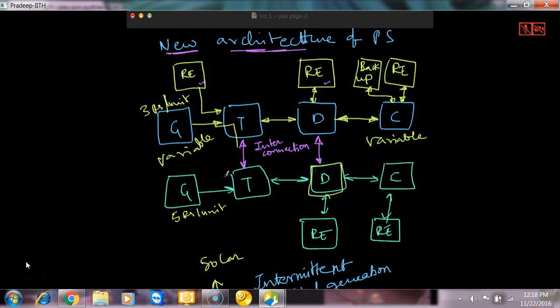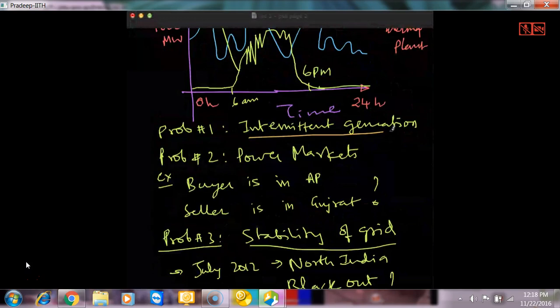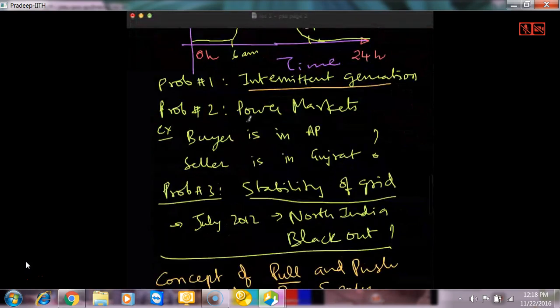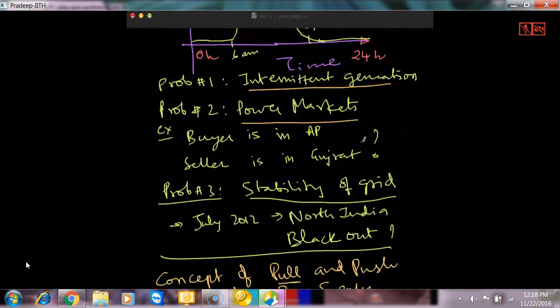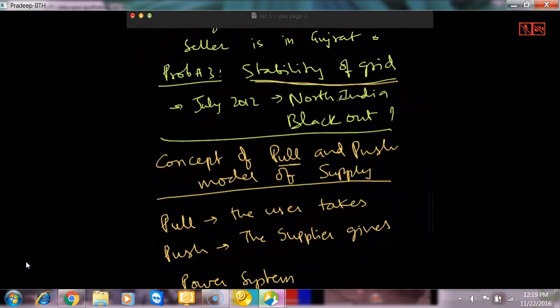Traditional grid did not have all these problems because they had a unidirectional power flow, but here the direction of power flow is bidirectional. There was not much renewable energy and all. So what are the problems? The first problem I mentioned is intermittent generation, and the second problem is how to enable power markets. Stability of the grid was the third point. So you remember there was a blackout.